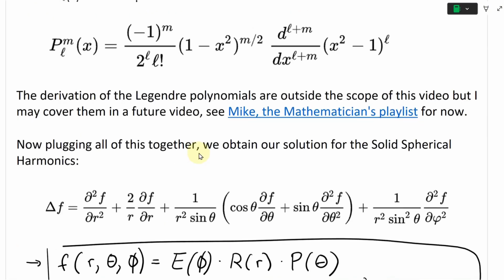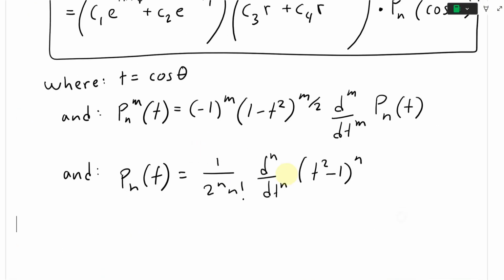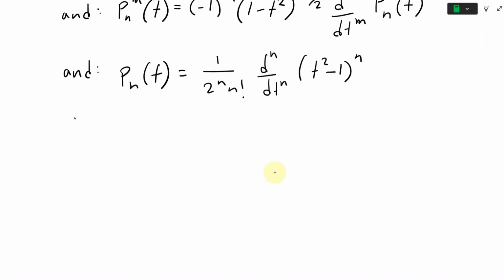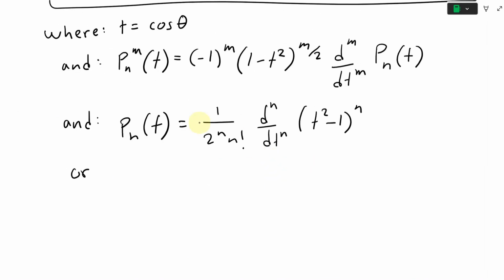And that's fascinating stuff. And so now we put it all together, or we can write down the whole thing. So P_n^m of t is equal to this part right here, negative 1 to the power of m, and then combine it with this part here.